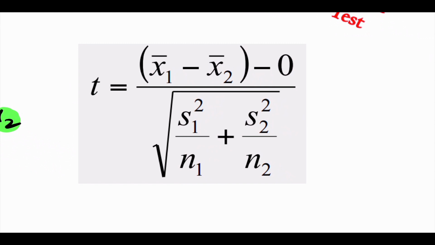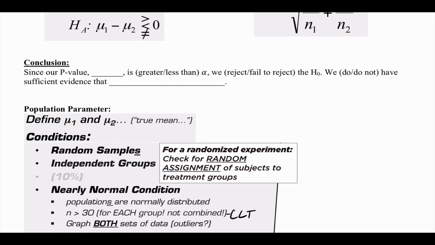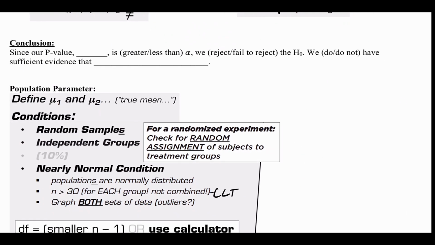But if you subtract something from 0, does it really matter if you subtract it? Yeah. So most of the time you won't see that, but I put that on there just to know it's supposed to be there, but it doesn't matter because if you subtract 0, it's going to stay the same. And then the bottom's still the same, right? The bottom's the standard error. Conclusion's the same. Okay.